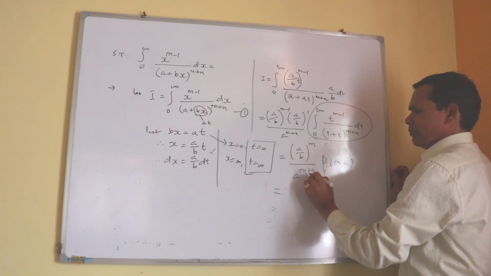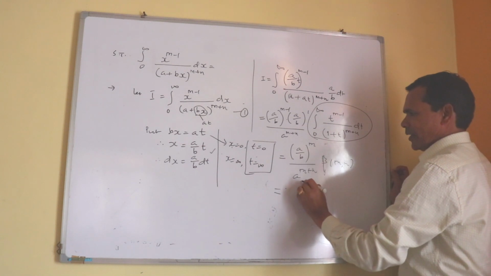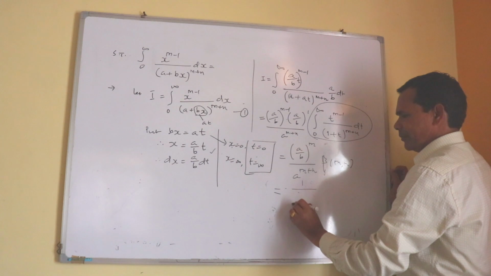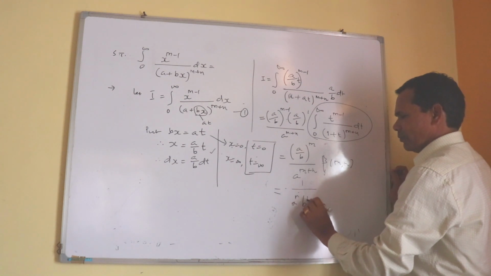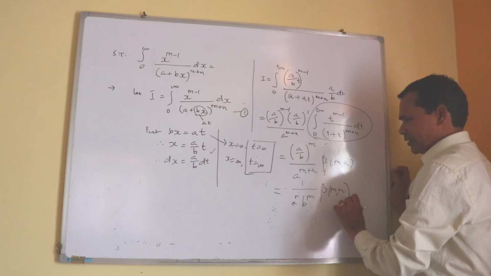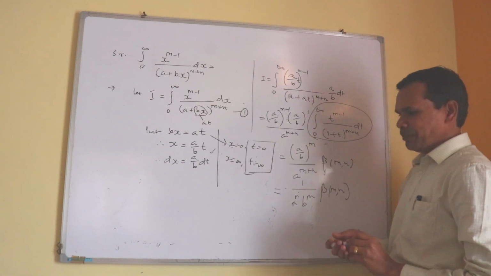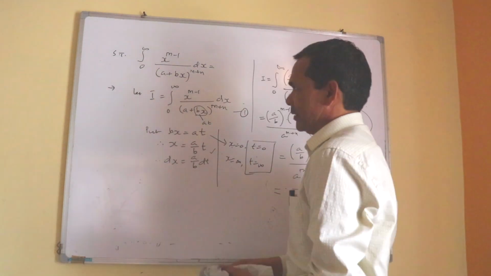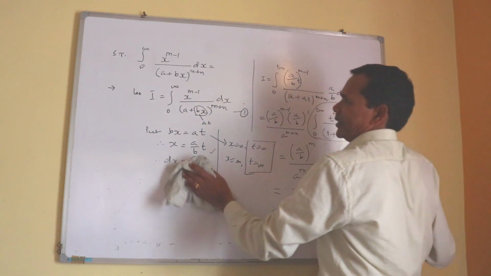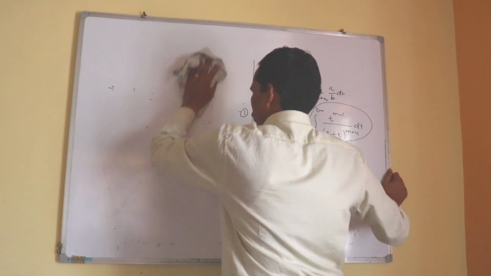So a raised to m, if you simplify, gets cancelled from here, and you are getting 1 upon a raised to n b raised to m over here, so into beta mn, and that is your RHS solution.